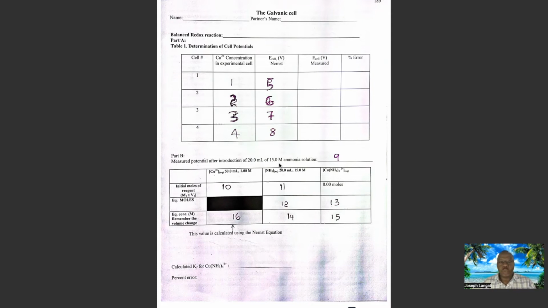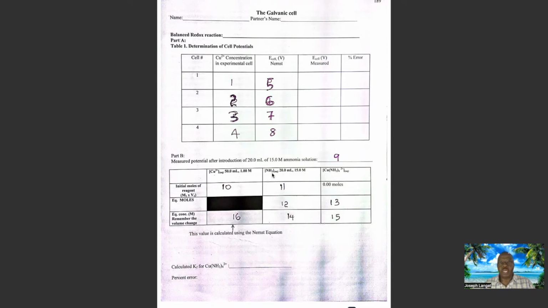Please add the 20 ml in the fume hood and make sure you stir it for quite some time. So at this point, you have 20 ml of ammonia and 50 ml of 1 molar copper 2 ions. So 50 plus 20 is 70 ml of solution. It's important to know the volume, 70 ml.